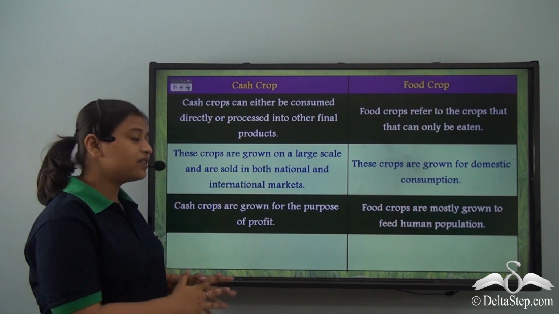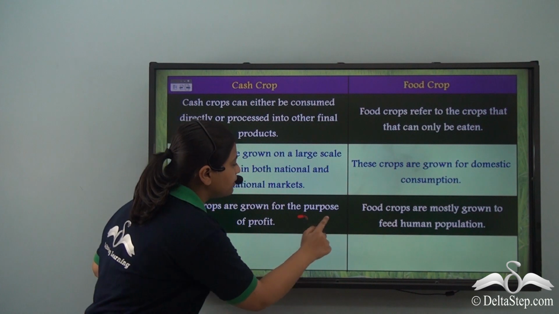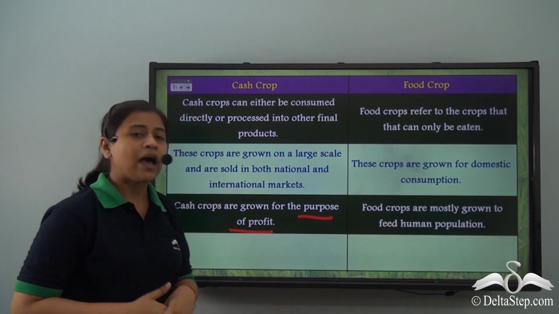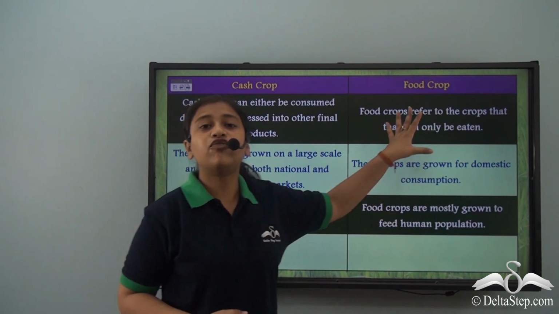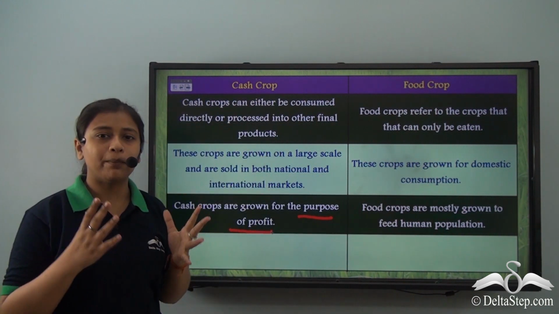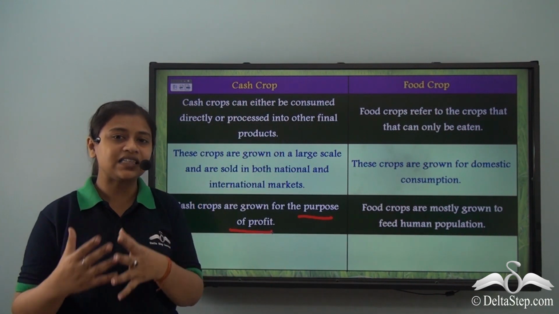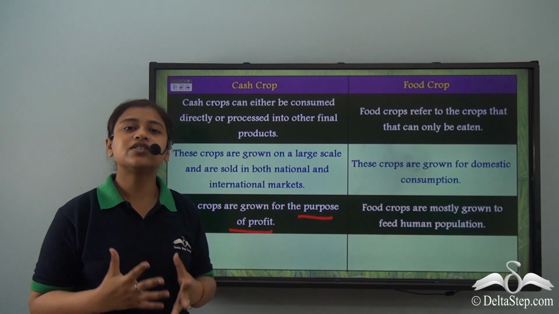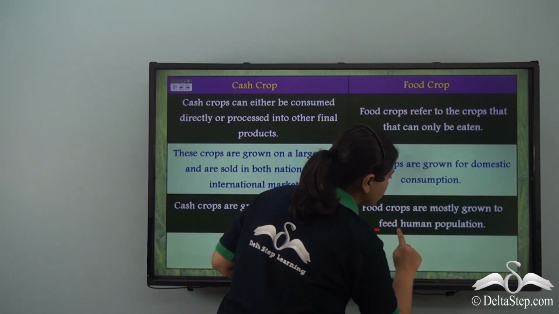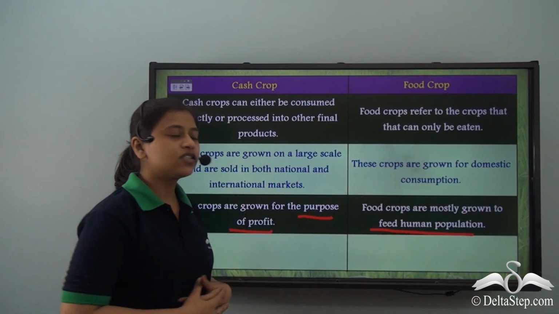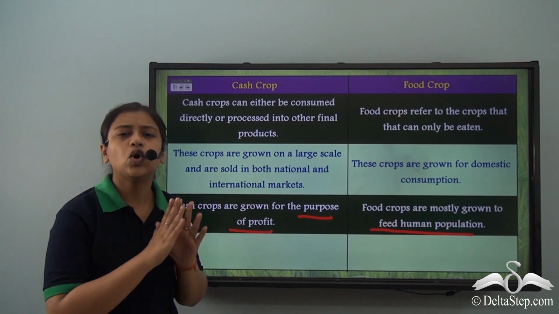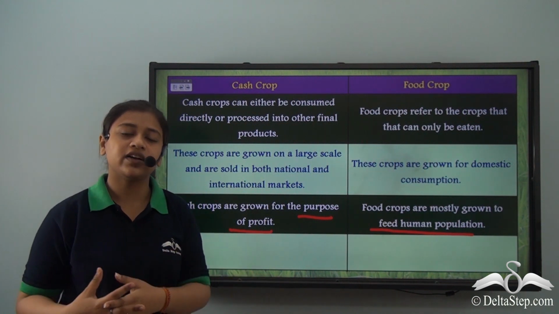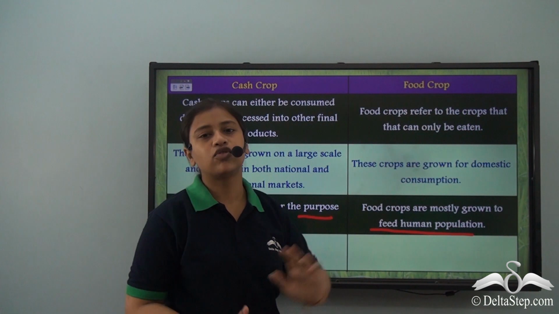So we need to remember that cash crops are grown for the purpose of profit. But on the other hand, since food crops are grown for the purpose of domestic consumption, that is only to be eaten and not to be sold, they are mostly grown to feed the human population, right? So they are not for sale and there's no intention to make any profit out of the cultivation of food crops.